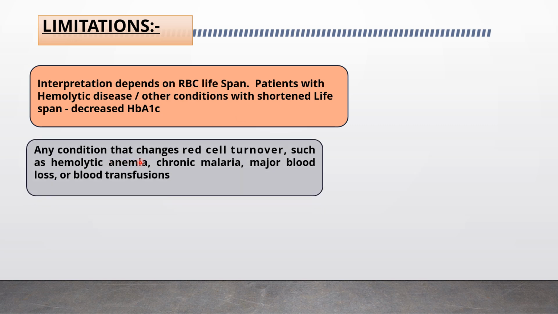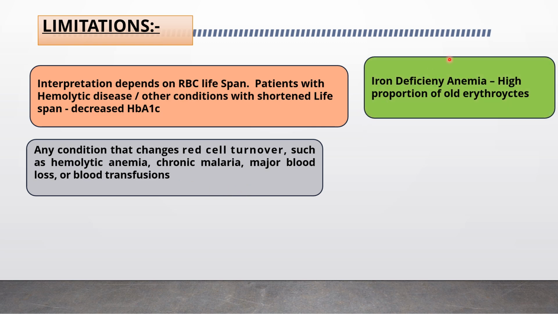Any condition that changes red cell turnover, like hemolytic anemias, blood loss or blood transfusion, can also affect the HbA1c results. Then iron deficiency anemia.